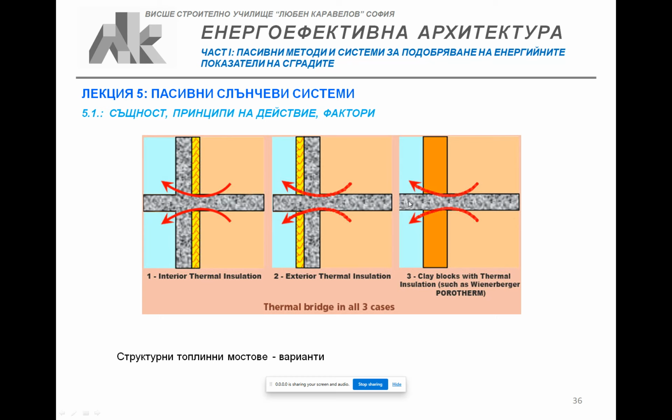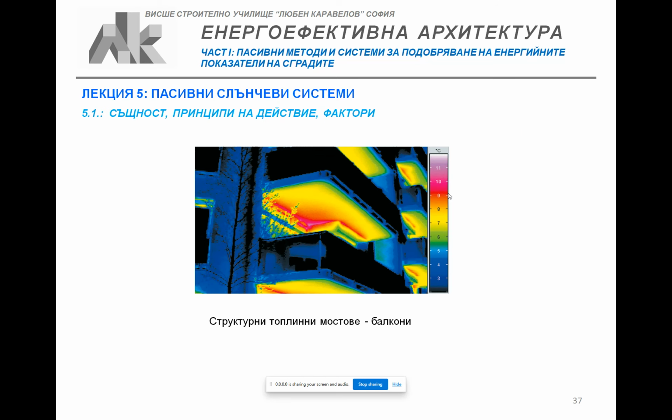It goes inside the room for sometimes up to 2.5 meters in depth, thus making the floor cold next to the facade walls, and also causes condense and the health ruining processes following the condense process.